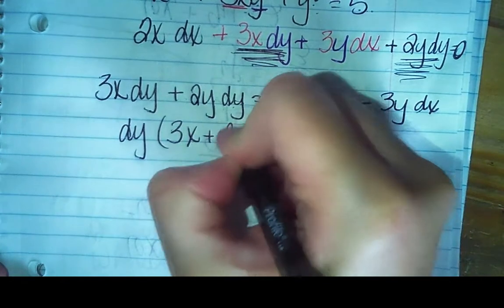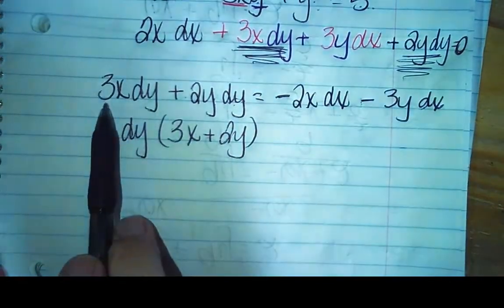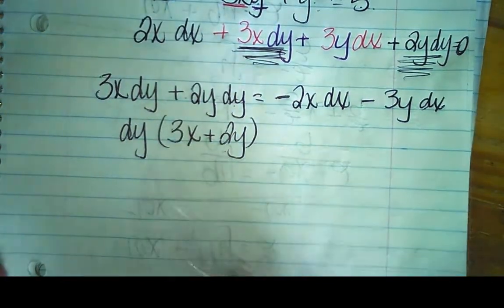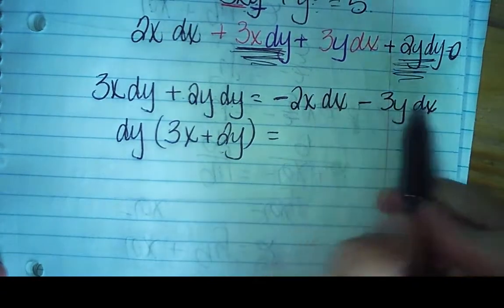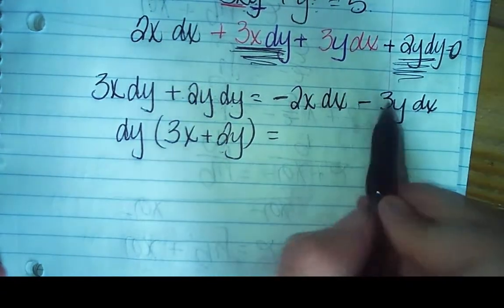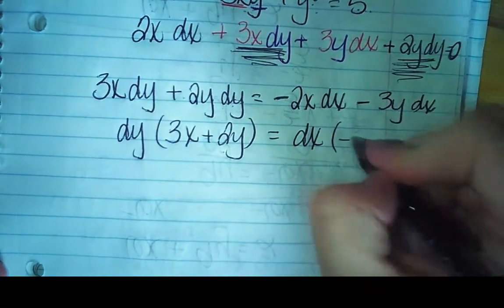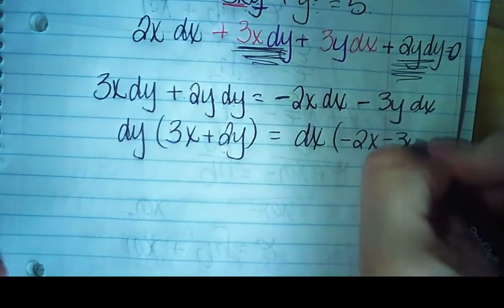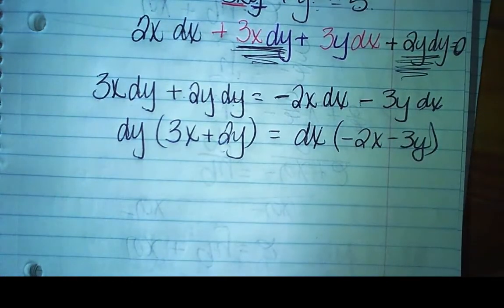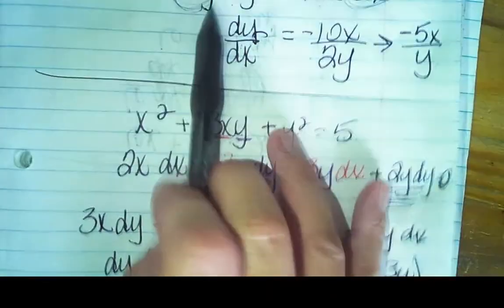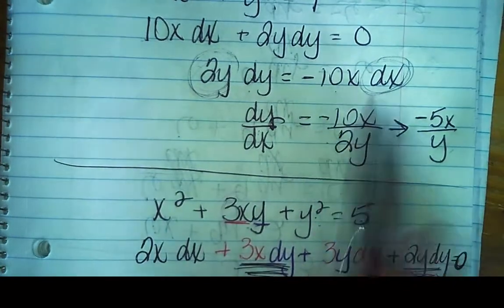So when I factor out that dy, that leaves me with a 3x plus a 2y. When I factor out this dx, because these are not like terms, I get a negative 2x minus a 3y. And now it's the exact same setup as it was up here, okay?